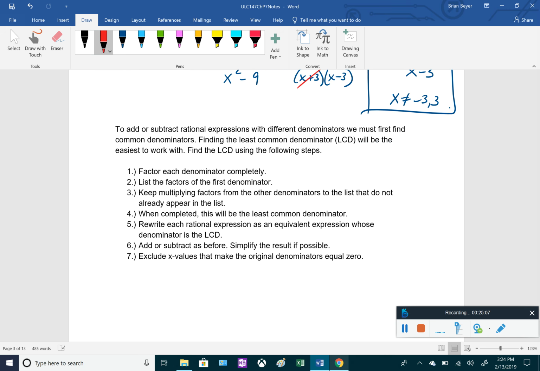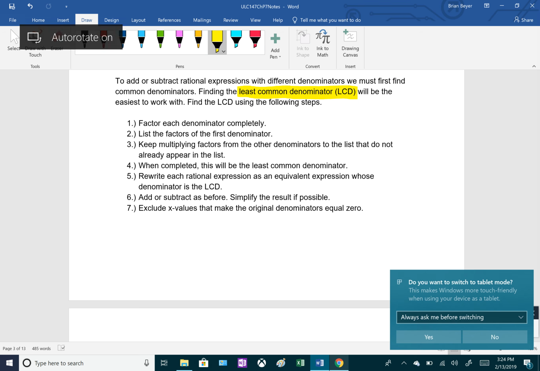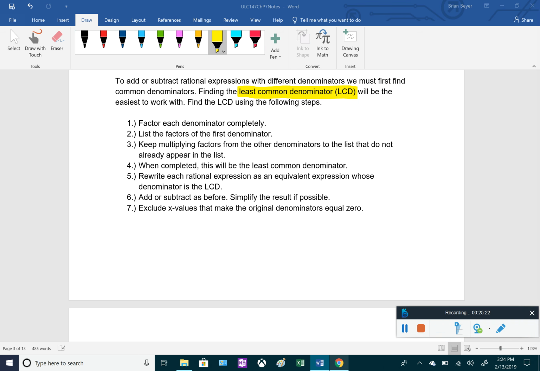So now let's do a couple examples where they don't have common denominators. We need to find the least common denominator if they don't have common denominators. It's going to seem pretty complicated with these steps, but hopefully it's not too bad. For the first step, we need to factor every denominator. Then we list all of the factors of the first denominator, and we keep on multiplying factors of the other denominators to the factors that we already put down from the first one.